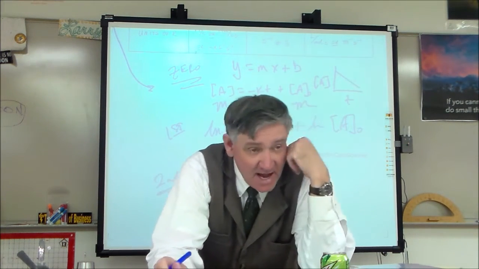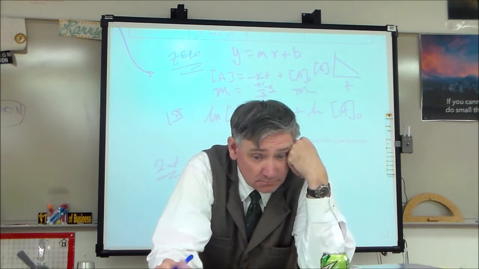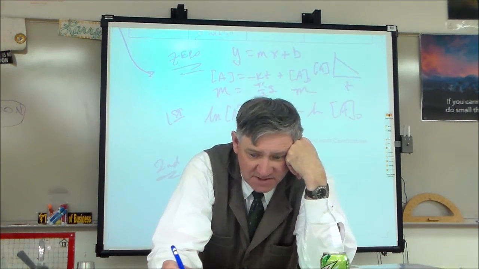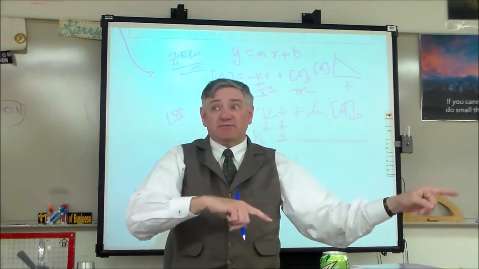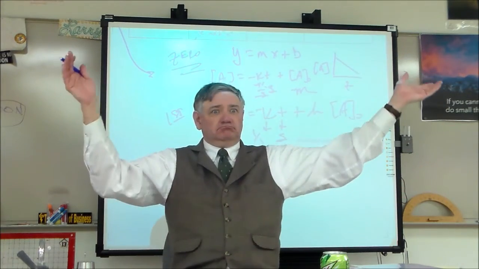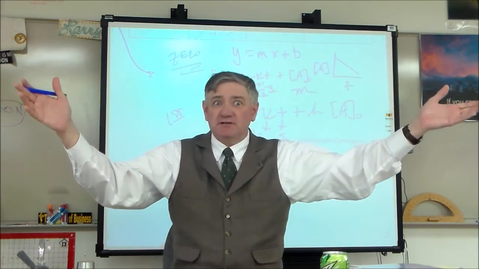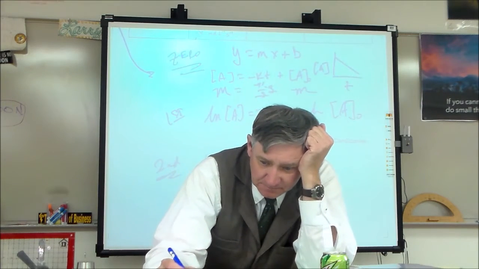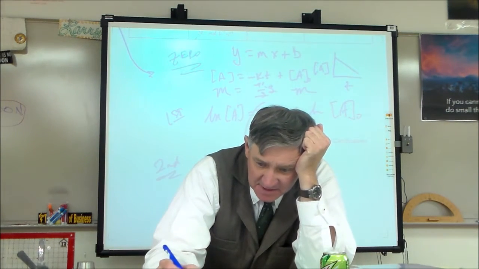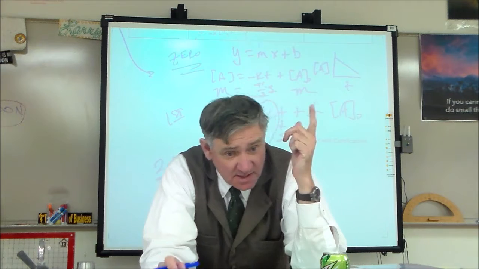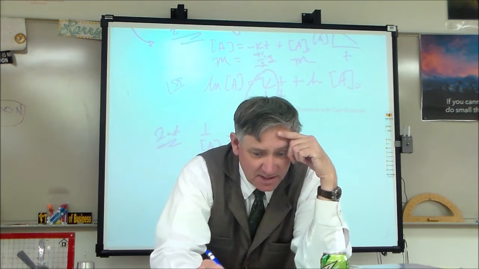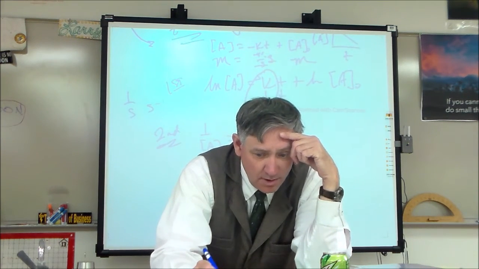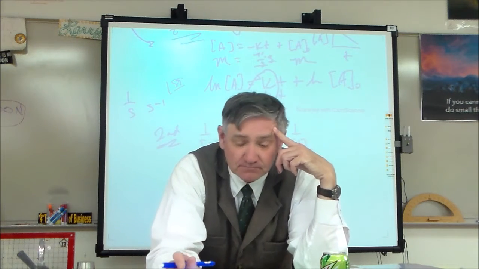So k then has to be in 1 over seconds. So when I take seconds times 1 over seconds, guess what? I don't have any units. So from this perspective, k is going to have units of 1 over seconds, or s to the negative 1.